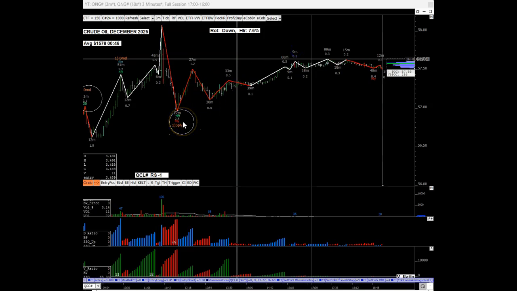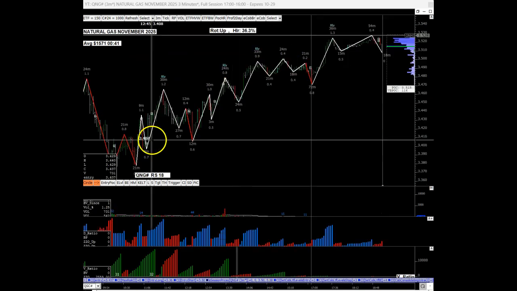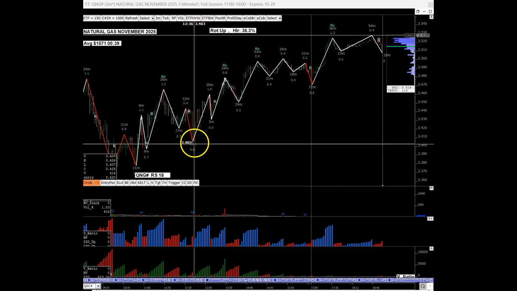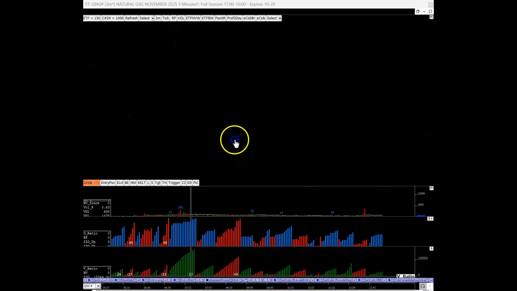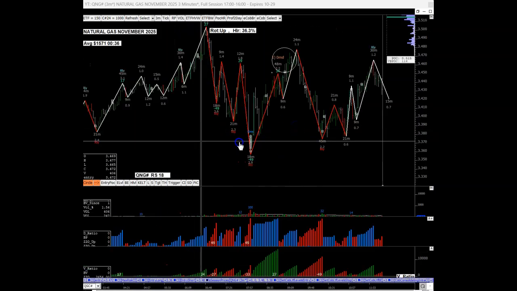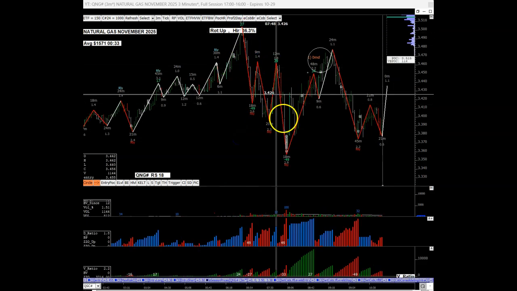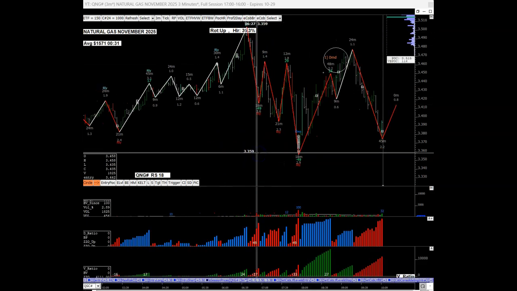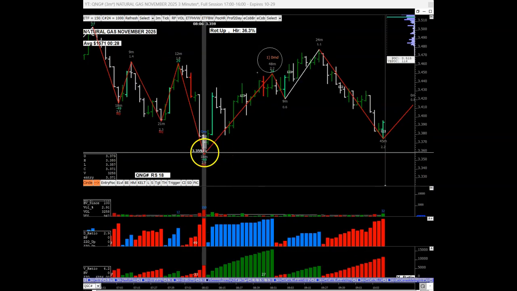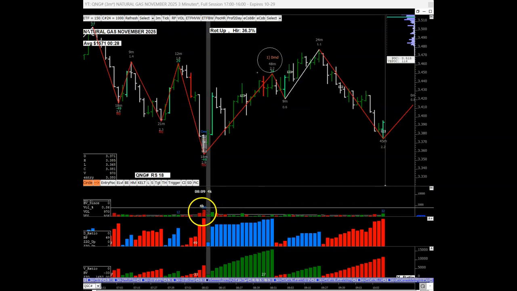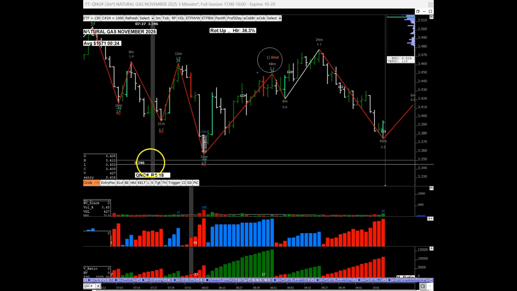Look at nat gas. So nat gas, you have down, down, down, down, down. Right here, you have biggest in 100 bars. Right there.